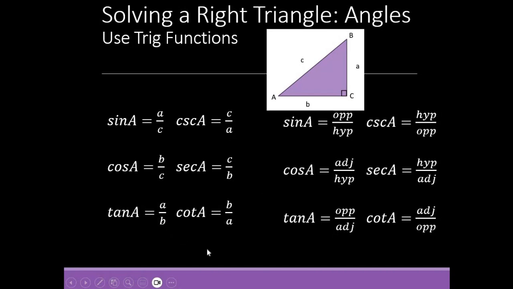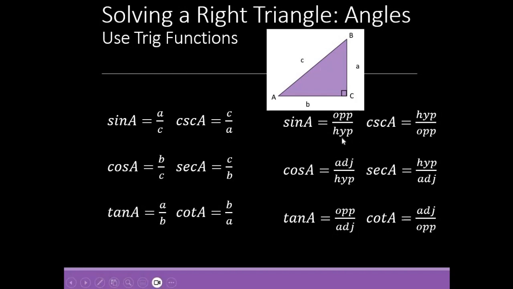They are all in relation to angle A, and they are the trig functions using the sides A, B, and C, those values.